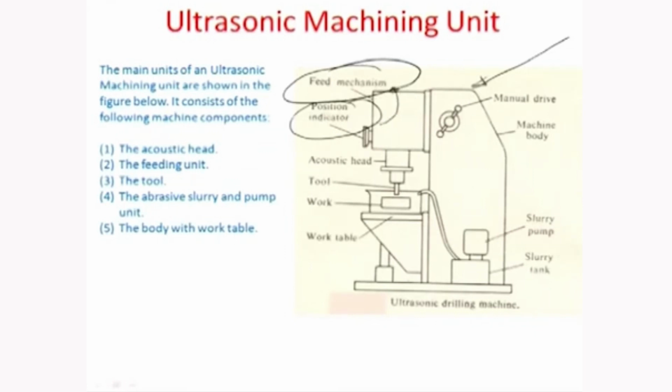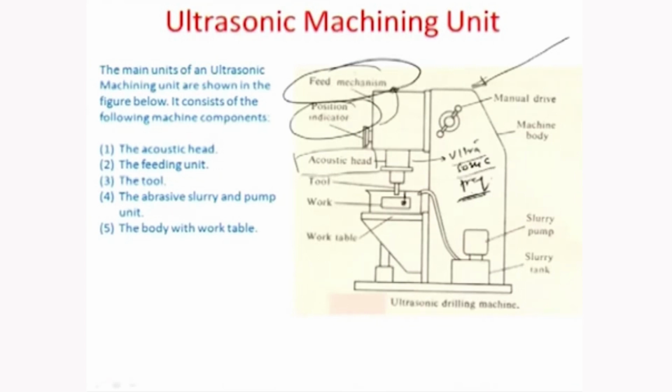And there is an acoustic head, which is the head responsible for creating the ultrasonic frequency, okay. So this feed mechanism is just feeding the tool, and the acoustic head is basically the one which creates a frequency, okay.